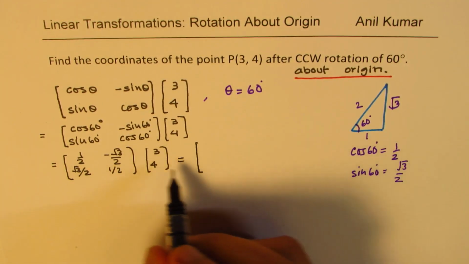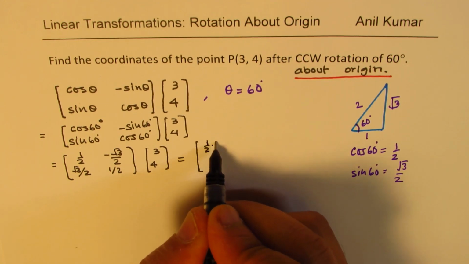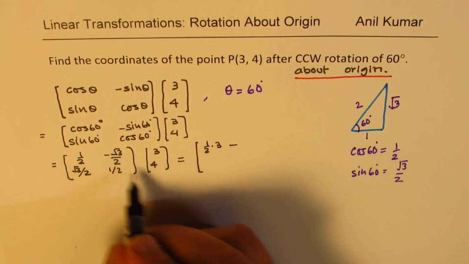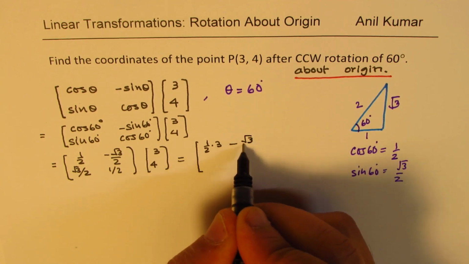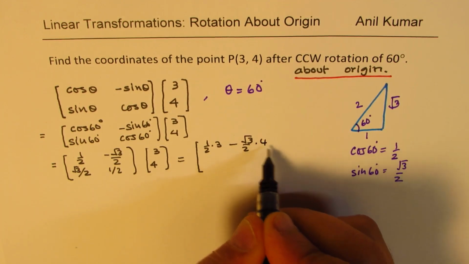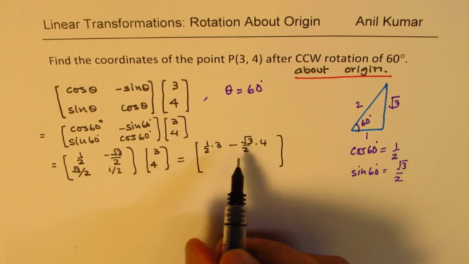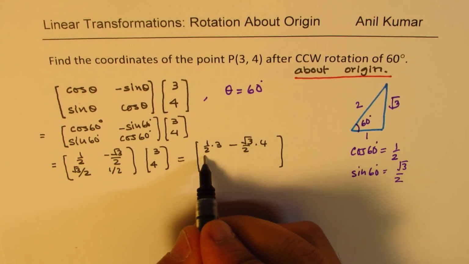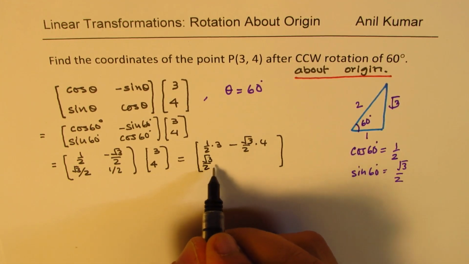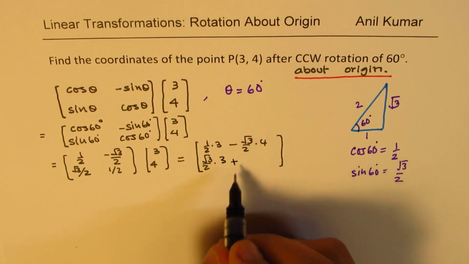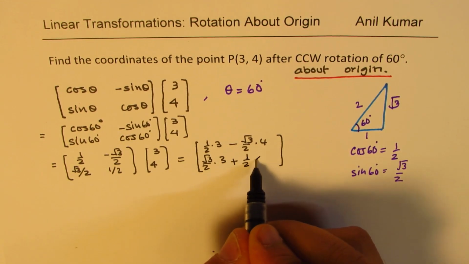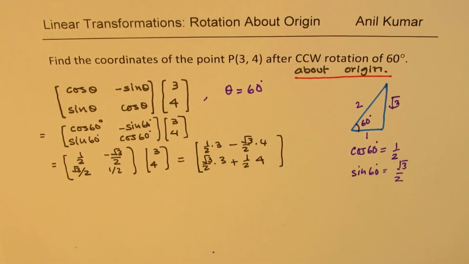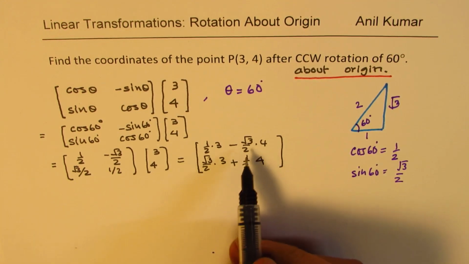Half times 3 minus square root 3 over 2 times 4, that's the x coordinate. And then square root 3 over 2 times 3 plus half of 4. Those are the new coordinates. So we got the new points after transformation.